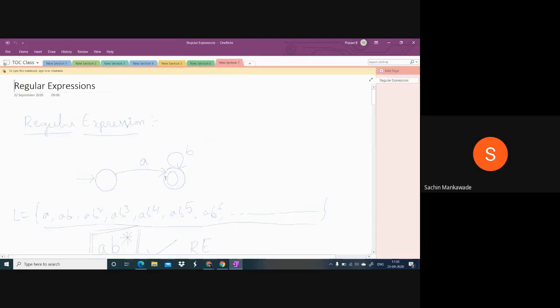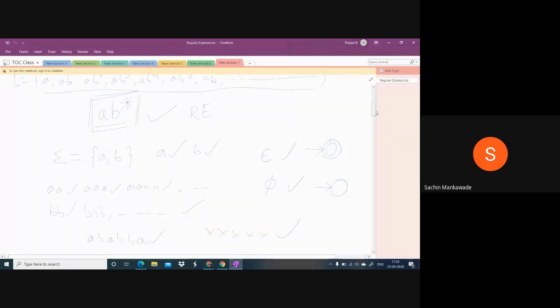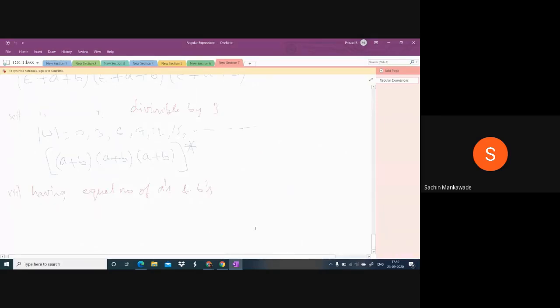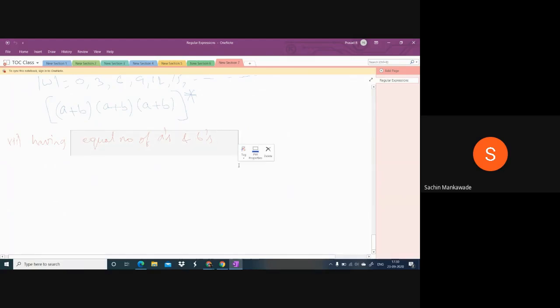Now come to this one. This is the question: having equal number of A's and B's. So you have to count A's and B's, so memory is required. But a finite automata does not have memory. Therefore, we cannot construct a finite automata. Hence, this language is not regular. When the language is not regular, how can we construct a regular expression?